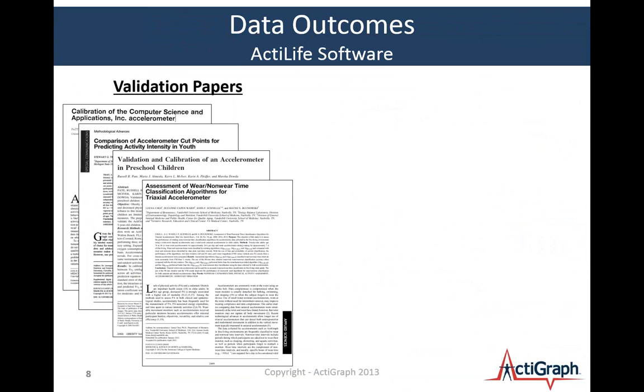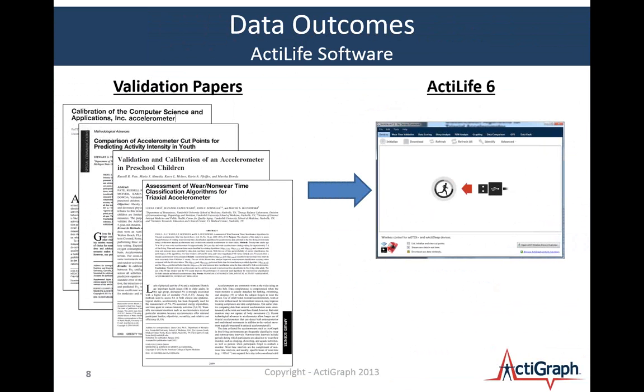And so what we have done over the past 10 years or so is we've taken these validation papers and we've coded them, if you will, into software. And so we've made that software available. It's called Actilife. This is Actilife 6 that I'm showing here.